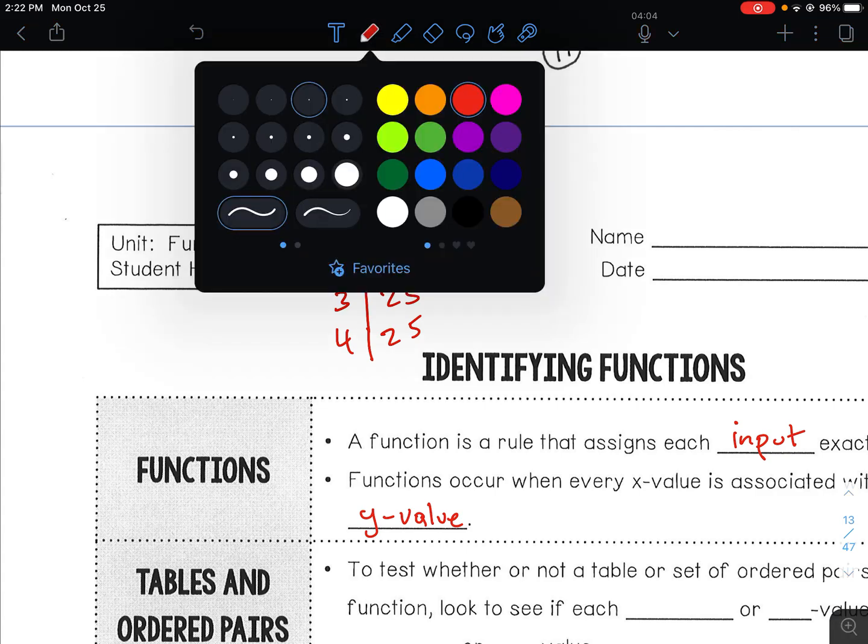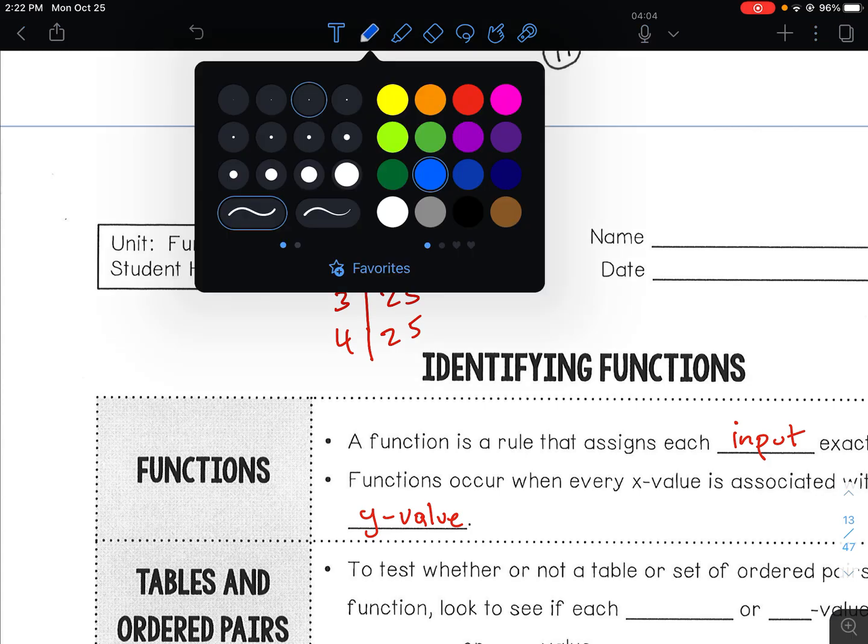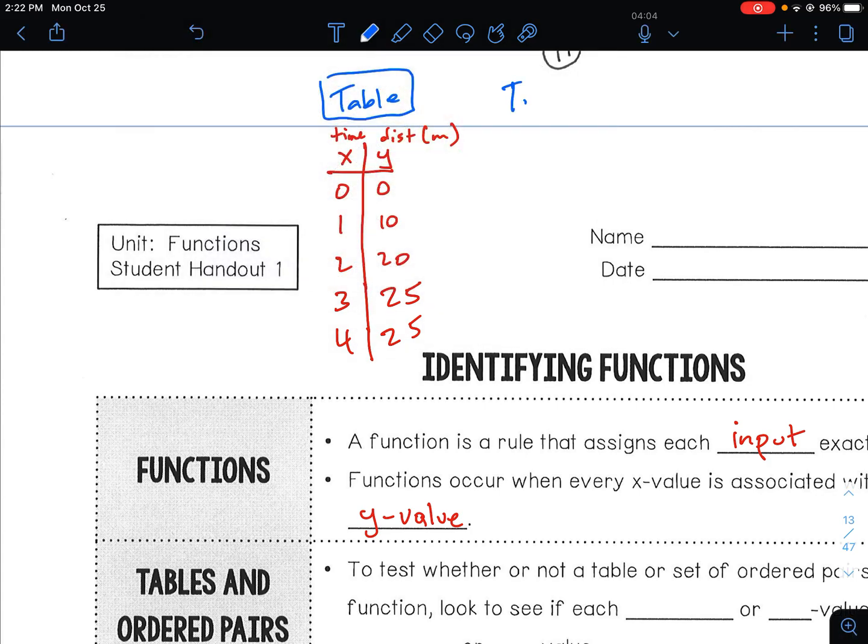Now, ordered pairs. By the way, you can do this table in two different ways. Actually, let's do the ordered pairs because it's simpler. Remember, ordered pairs are the x value and the y value.